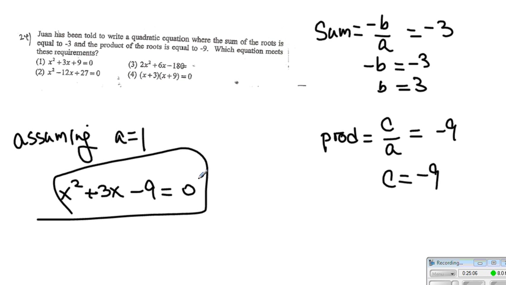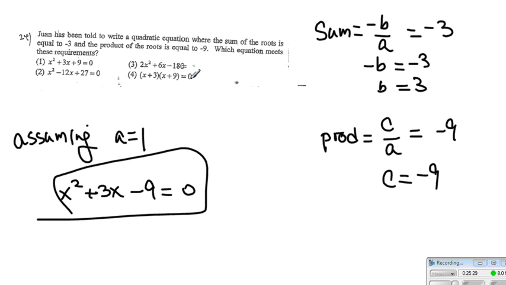Now, in this case, we don't see anything particular. This one is very close to our answer, but it doesn't quite meet it because we have negative 9 here, but positive 9.